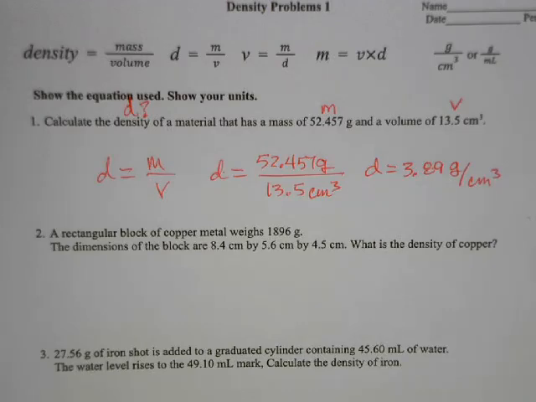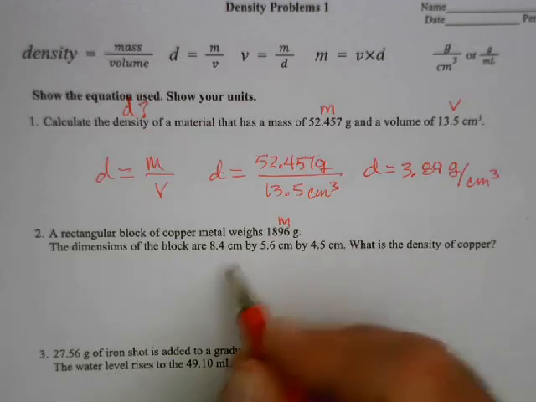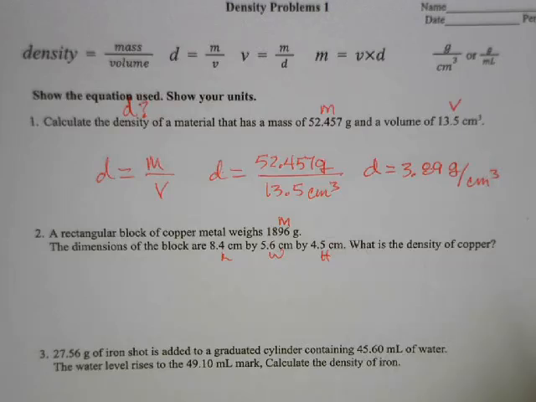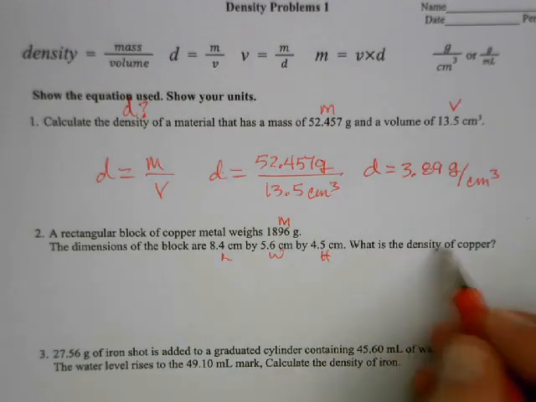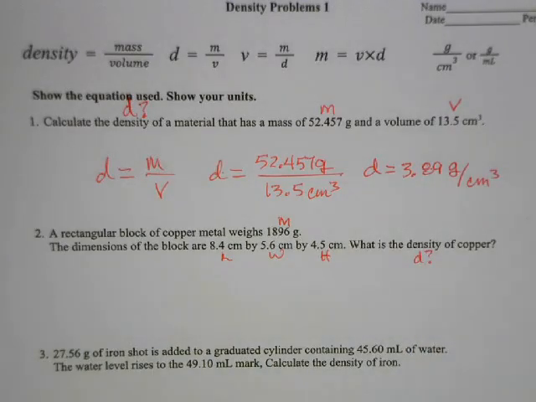Number 2, I have a rectangular block of copper, and it weighs 1,896 grams. That is my mass. Anytime I see the grams, that's mass. The only other numbers it gives me is it says the dimensions of the block. Well, that's basically a length and a width and a height. They did not give me the volume. The density, again, is what we're trying to find out. So I'm going to put a little question mark there. Well, this is similar to what we did with the cardboard lab.